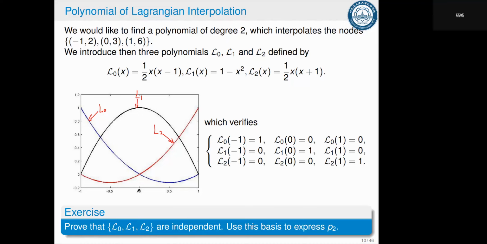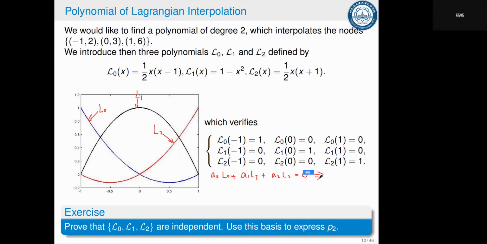To prove some bases are independent, we can use just the definition of independence. I make A0 times L0 plus A1 times L1 plus A2 times L2, and suppose this is 0.